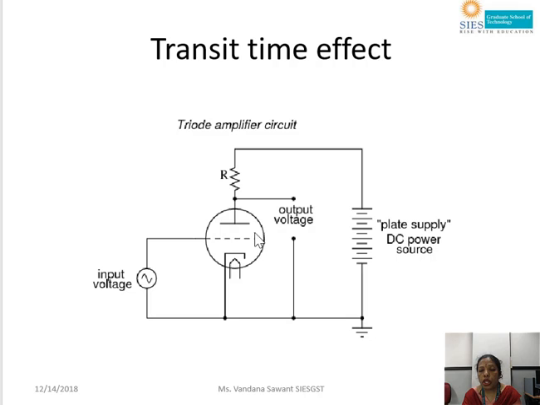That change in voltage on the grid is very fast. So the electrons emitted by the cathode reach the grid. If by then there is a positive half cycle, the grid is positive, the electrons get accelerated and reach the plate, and we get a fair output signal.